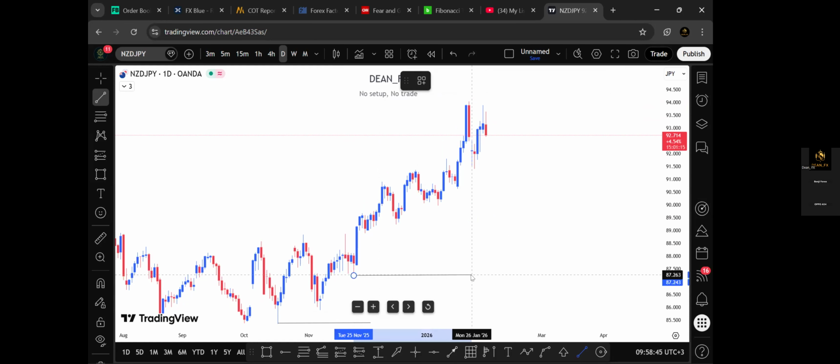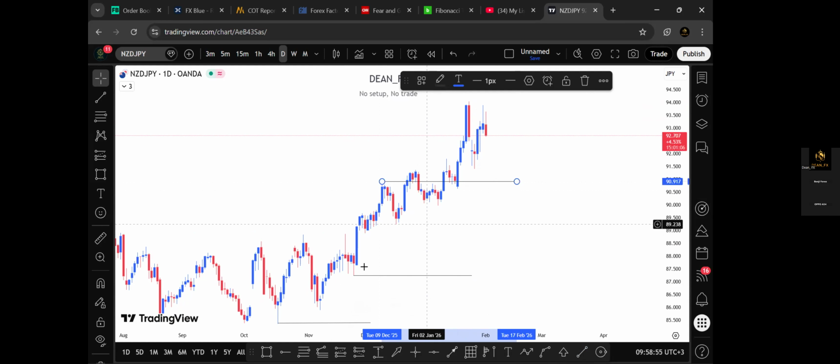From this low, you can say another one up to this high. So price rallied, headed up, small pullback, then rallied.